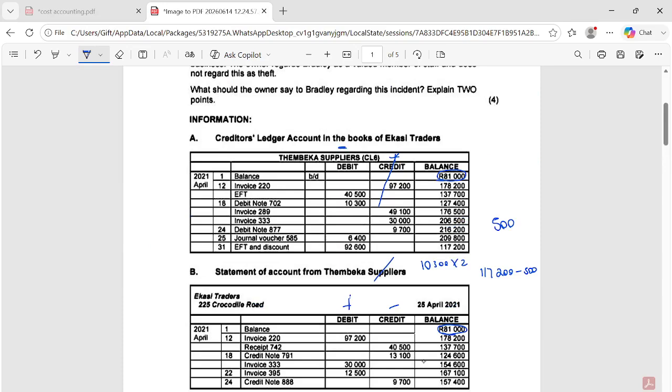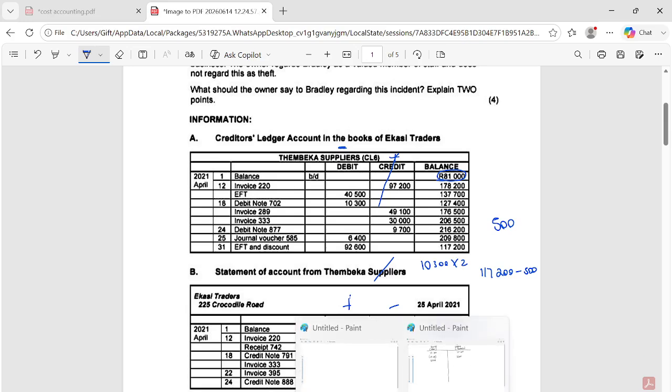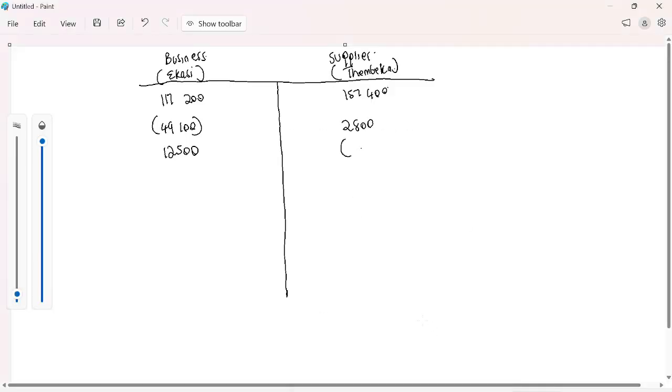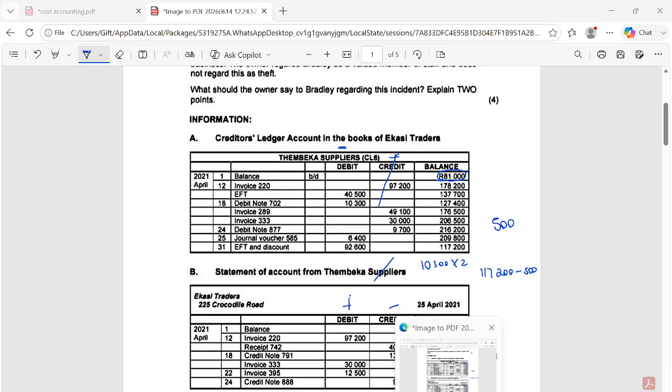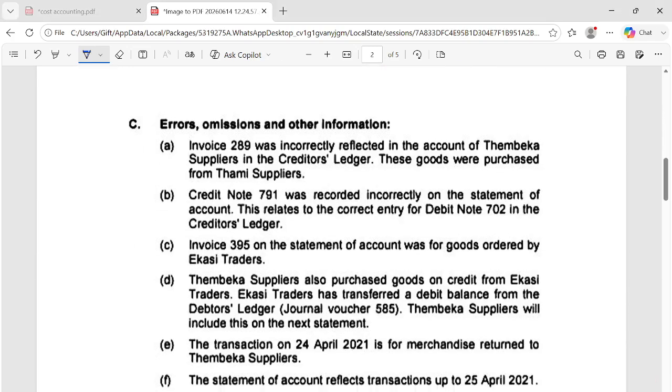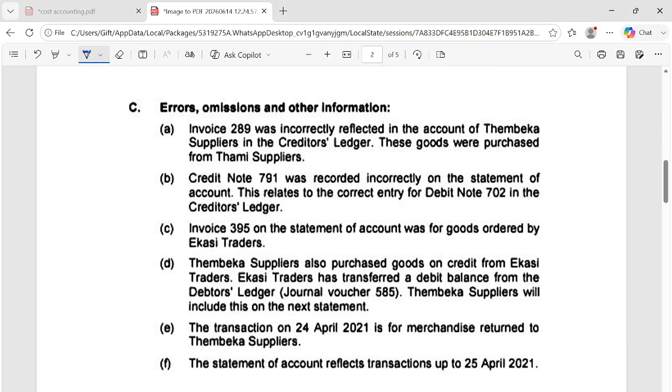So we are the one that accounted for the general voucher, which is 6,400. Do I see any general voucher here? They did not account for it, so I'm going to subtract 6,400 on their books. So I'm going to say minus 6,400. We move.